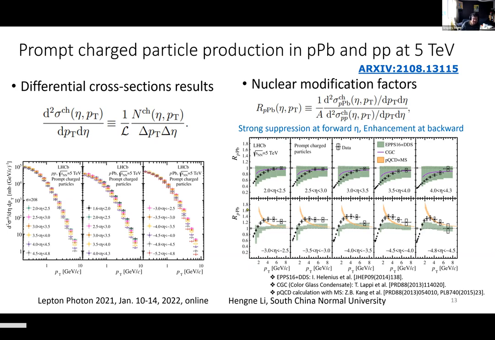Okay. Yeah, I have a question on this slide as well. So for these EPPS16 predictions, what is the systematic uncertainty in these predictions? And the second question is, in this negative eta region, the perturbative QCD calculation is completely off.